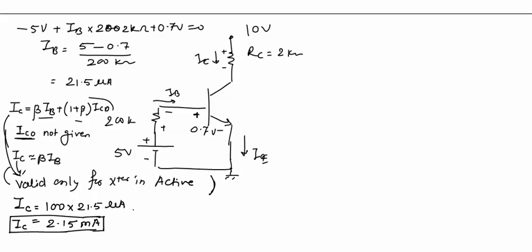Now we know that for a transistor IE is equal to IB plus IC, which will be equal to 2.15 milliamperes plus 21.5 microamperes. This will come out to be 2.17 milliamperes.